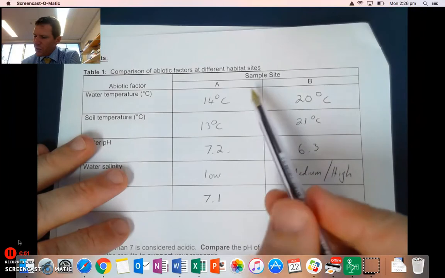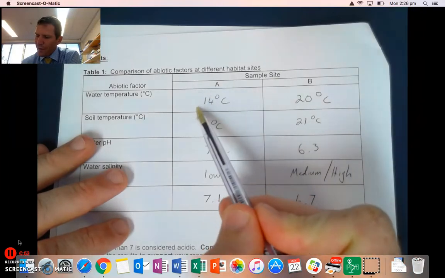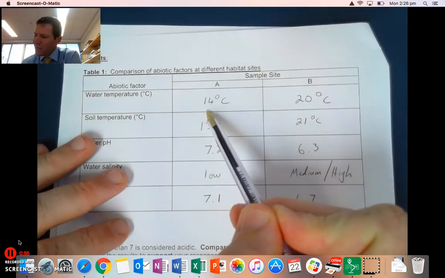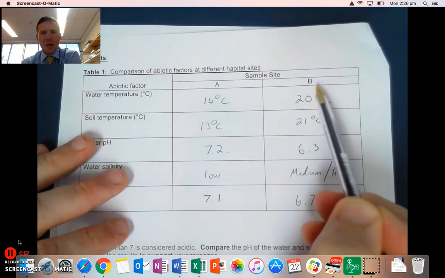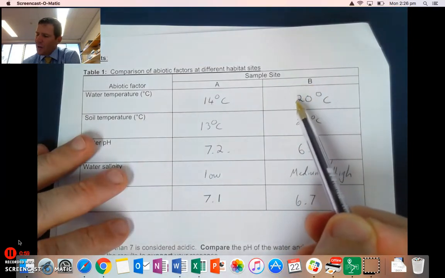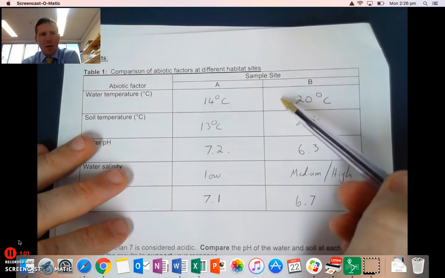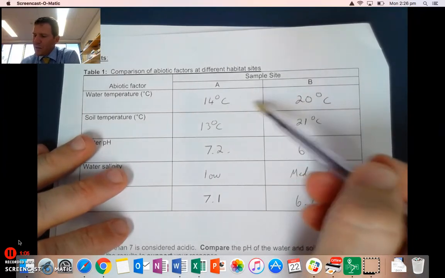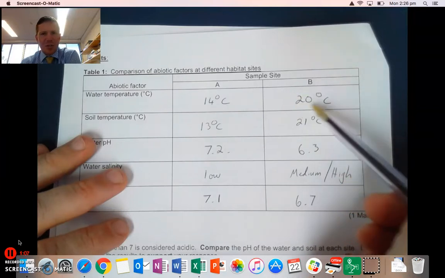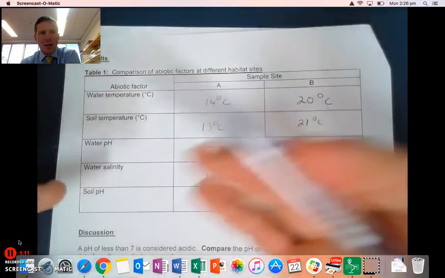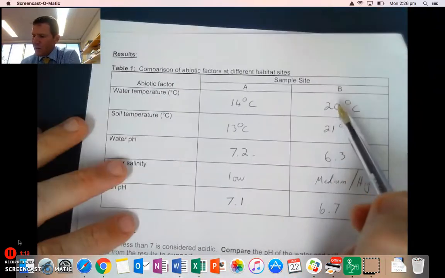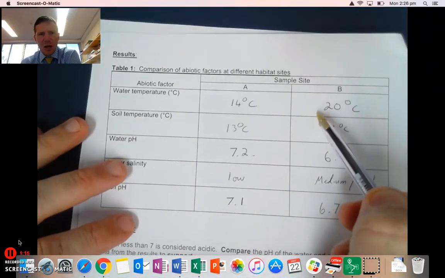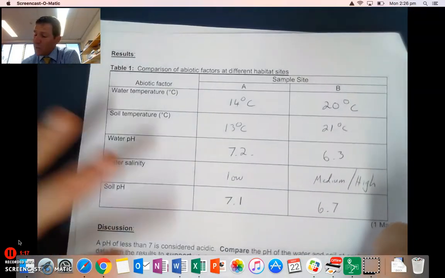Okay, so the flowing water is 14 degrees, whereas the stagnant water that's been sitting around is 20 degrees. Okay, so it's important to think about why that might be. Do you think it's a measurement error, or maybe that the stagnant pool is sitting in the sun? There are things going on, lacking oxygen, all that type of stuff, which is increasing the temperature. Or is there some other explanation? But it's important to have a look at them.